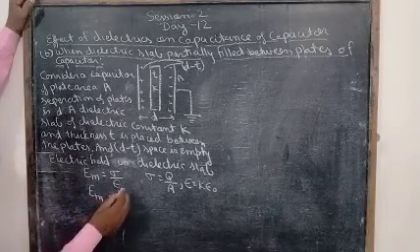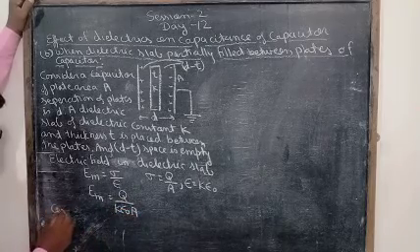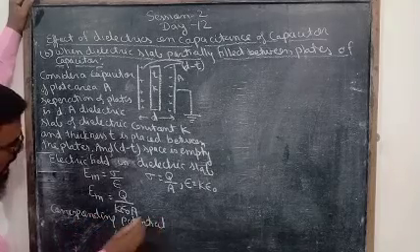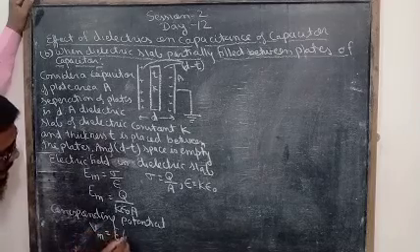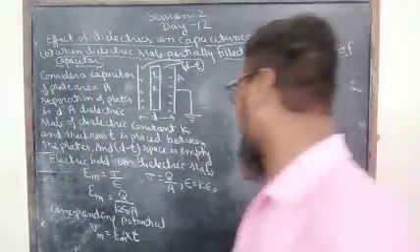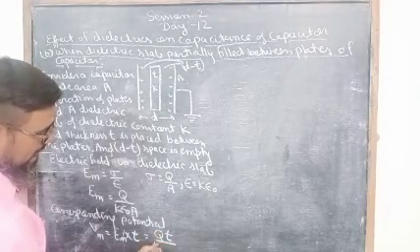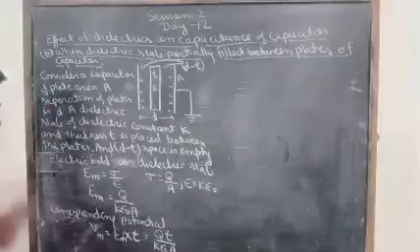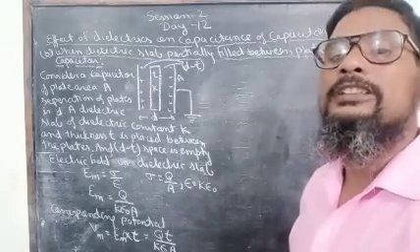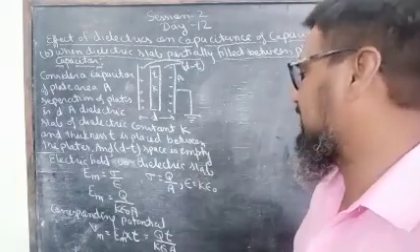So Em is equal to Q upon K epsilon naught A. The corresponding potential Vm is equal to Em into T, so Vm is equal to Q T upon K epsilon naught A. This is the potential developed at the dielectric slab.